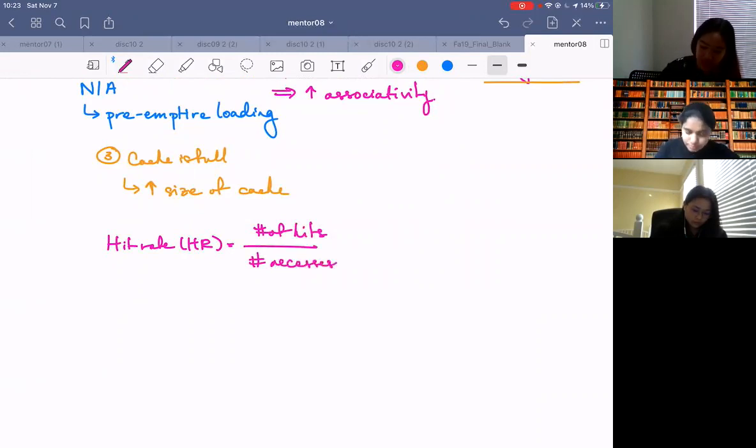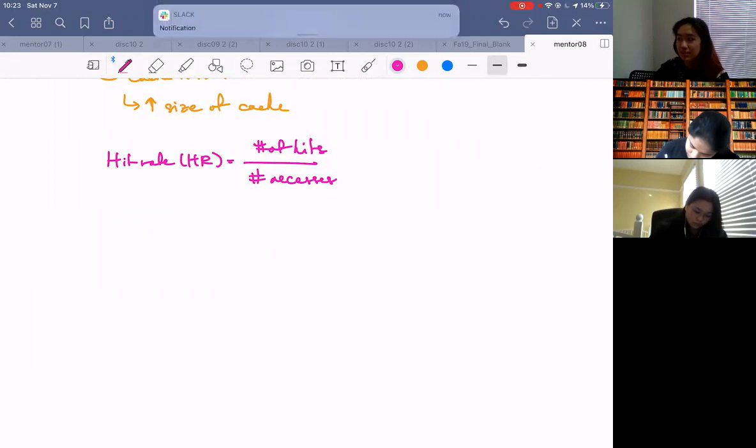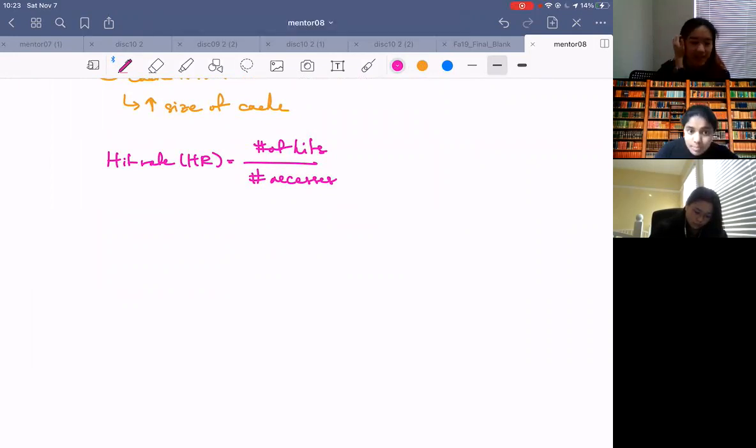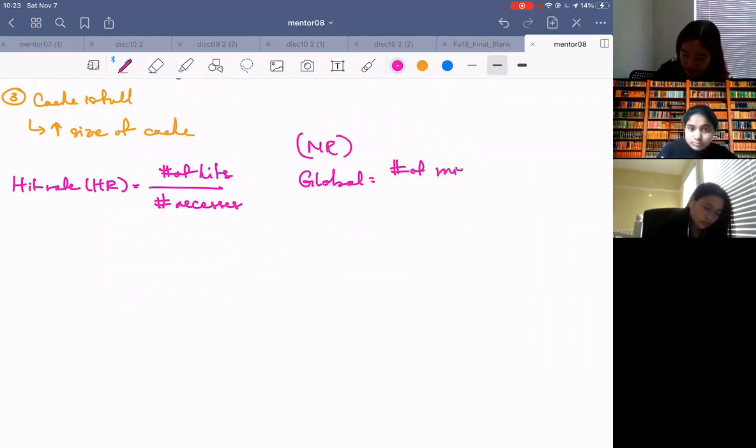So you'll see in discussion that there are going to be global and local hit rates. Basically that's talking about multi-level caching and multi-level page tables. The difference is, for each level of the cache, how many hits do I have? For a global rate, let's say this is the miss rate, it's the number of misses at the cache level.